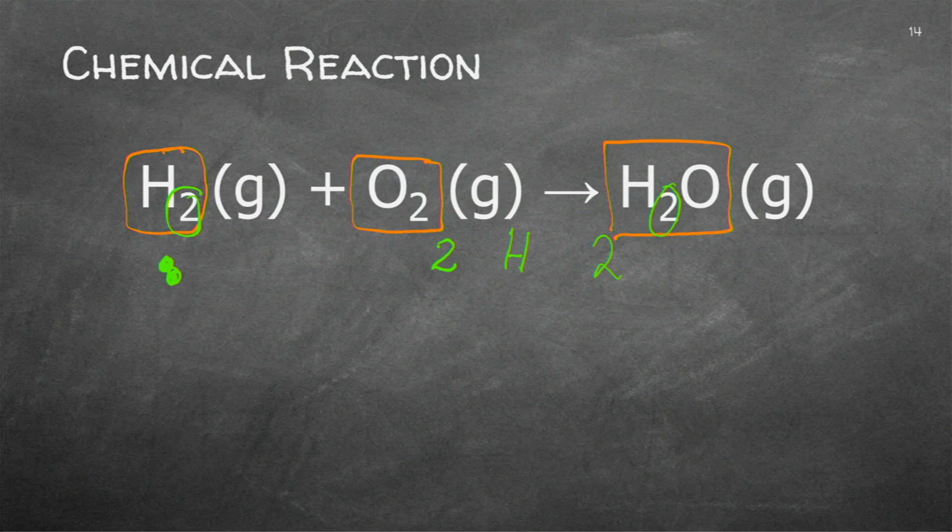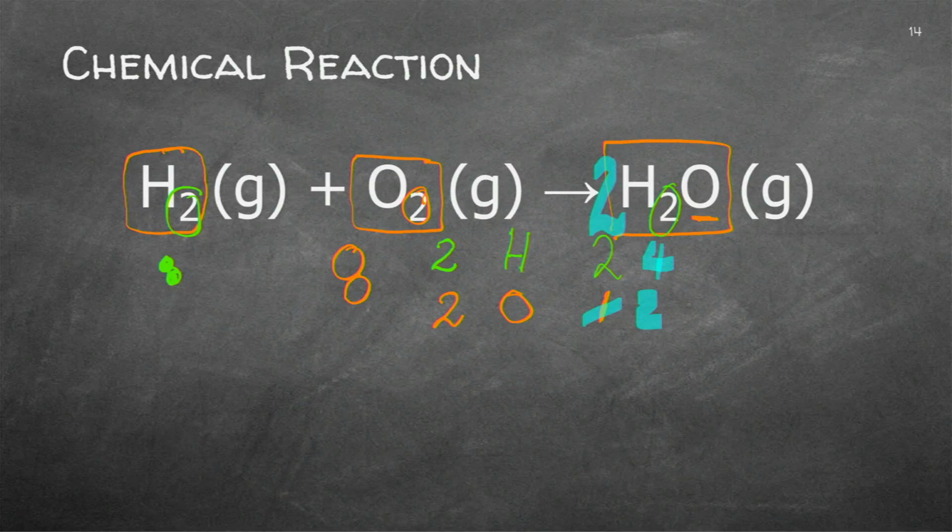On the other side we've got oxygen, and here you can see the oxygen. Let's draw it there. I'm going to draw it like that. I've got 2 this side, but I only have 1 this side. So you will probably have to balance. You've done that before. It will be 2 of this, giving me 2 oxygen, but 4 hydrogen.